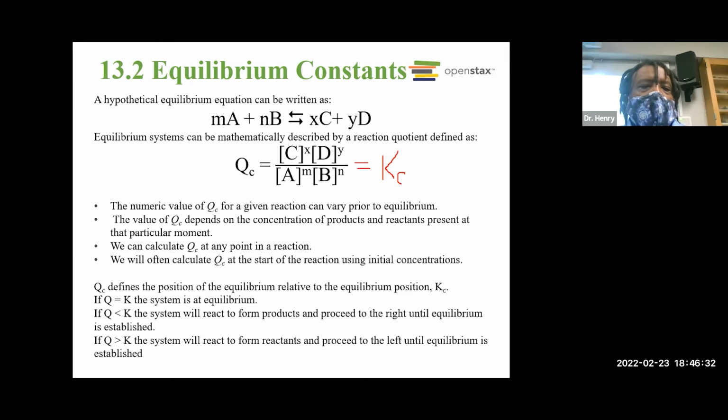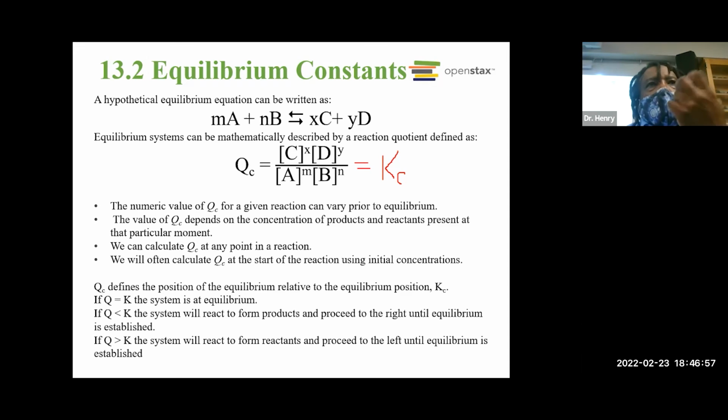Okay. So when Q is greater than K, then you're favoring the products. So you have more product than you have of your reactants. And so the reaction is going to be pushing towards the reactants. Exactly.